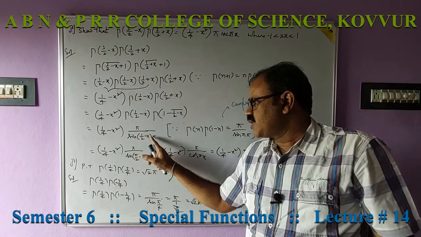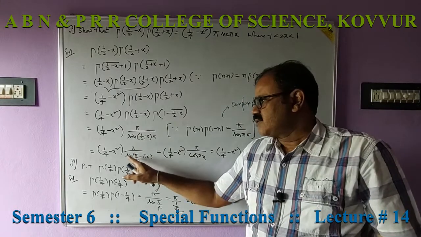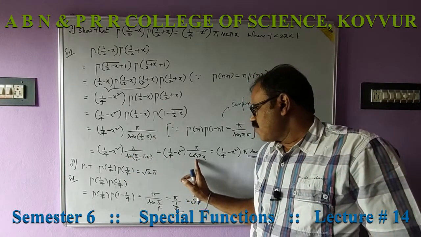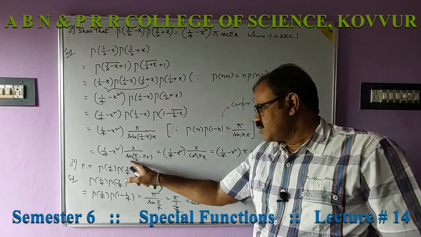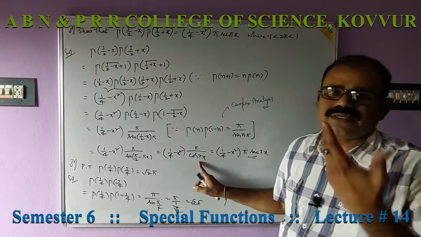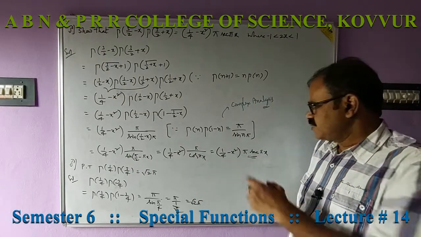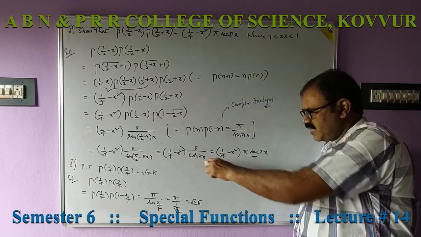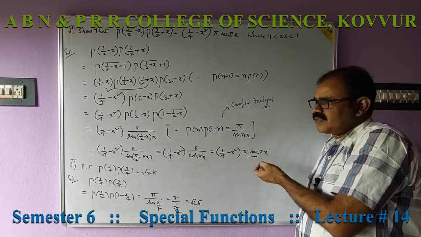This is 1 by 2 minus x into pi, therefore that is pi by 2 minus pi x. So sine of pi by 2 minus pi x is cos pi x. Everything else is the same: 1 by 4 minus x square into pi by cos pi x. Cos theta can be brought into the numerator as secant theta. So 1 by 4 minus x square into pi, and cos pi x can be written as secant pi x.